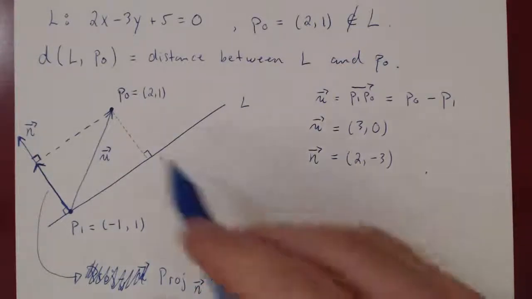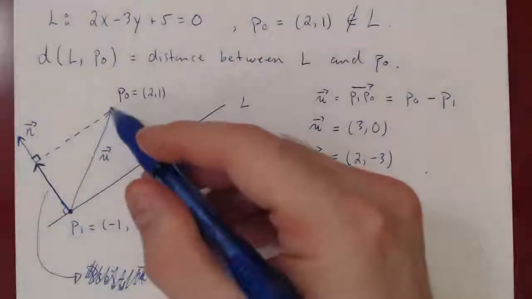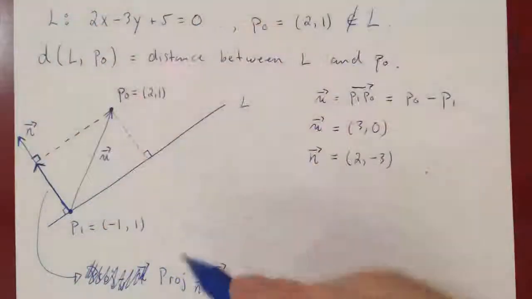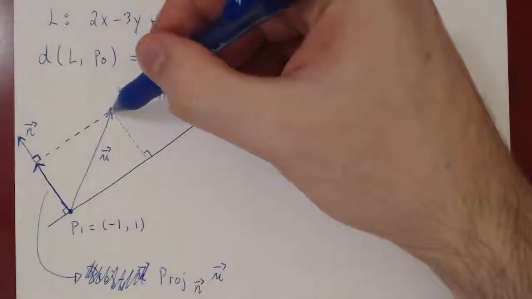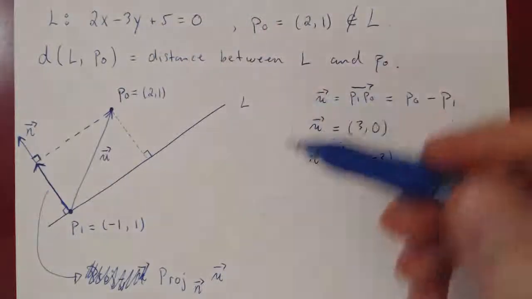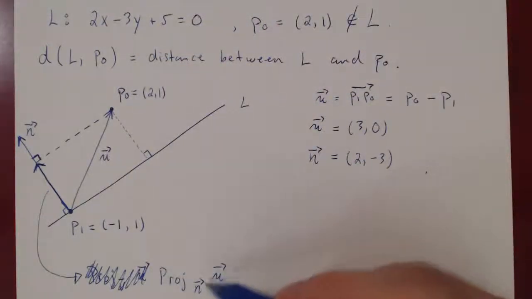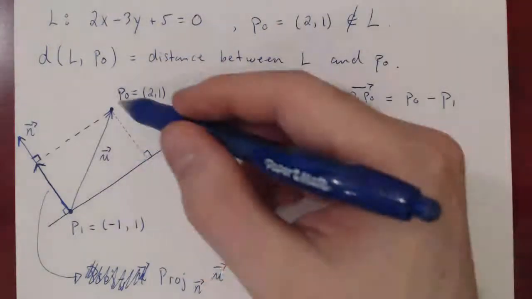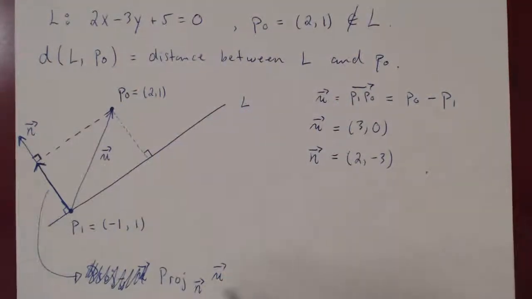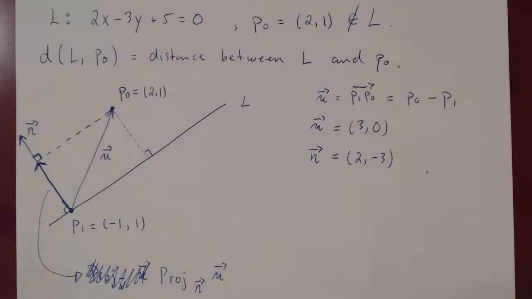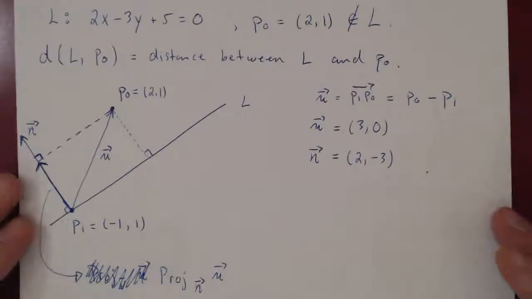And you see, by projecting the vector u in an orthogonal fashion onto vector n, we now have a vector whose length is exactly the length of this segment. Therefore, the length of the projection of u onto n is the distance between the point P0 and the line L. So all we need now is to find the vector, and then the norm of the vector is our distance.